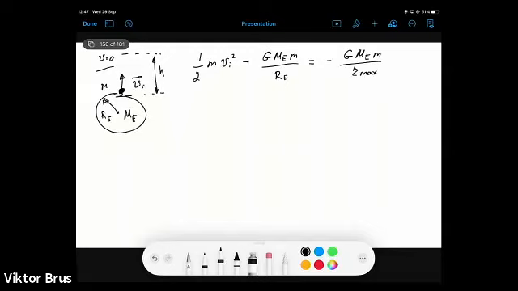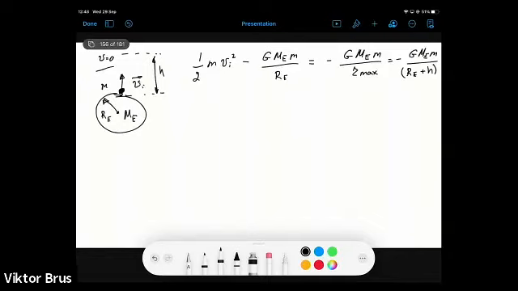divided by the maximum radius. So it's the maximum distance from the center of the Earth, and that could be defined also as minus G times mass of the Earth times mass of the projectile divided by the radius of the Earth plus h, the height from the surface of the Earth to the point where the projectile will reach velocity equal to 0.